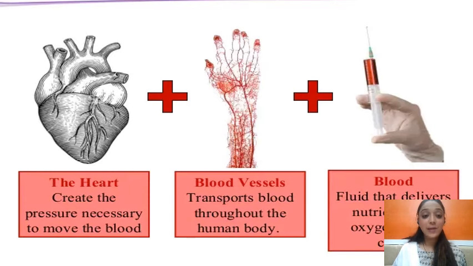Then what are the three main components of our circulatory system? That is our heart. Why? Because it creates the necessary pressure to move the blood even in an anti-gravity direction. Then blood vessels. Why are blood vessels important? Because the pumped blood requires a pathway to be transported, right?